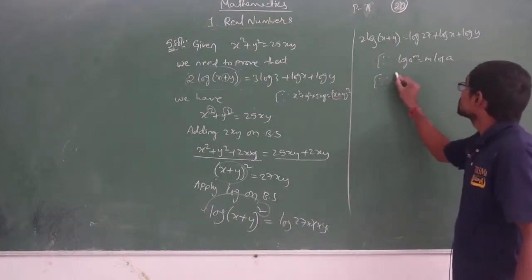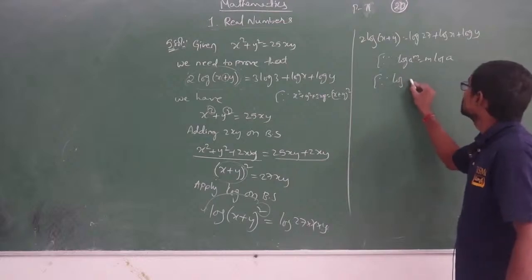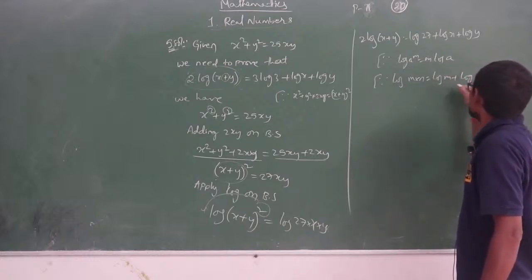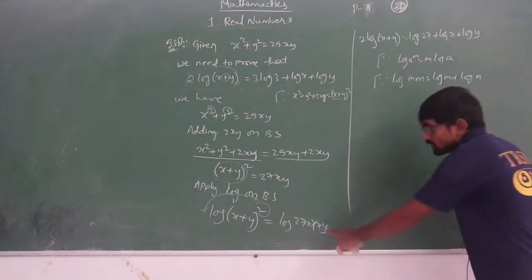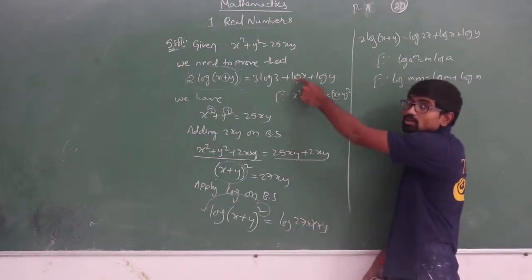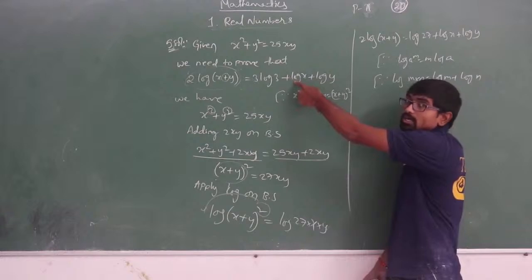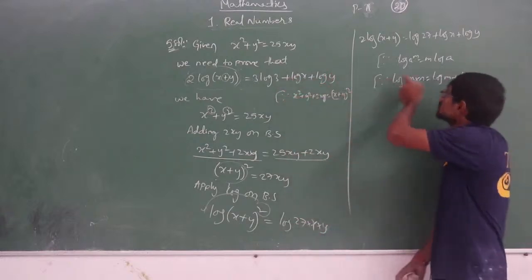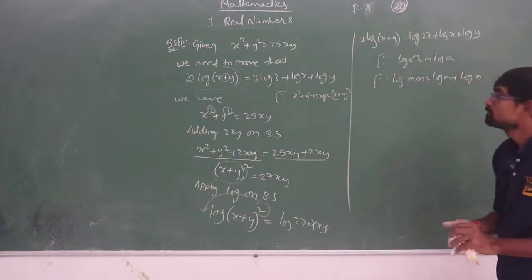And second, since log of m into n is equal to log m plus log n, isn't it? So here we have a multiplication symbol. As the single log should be converted according to what he had asked, we have to convert it into different logs. So here I have expanded this part.